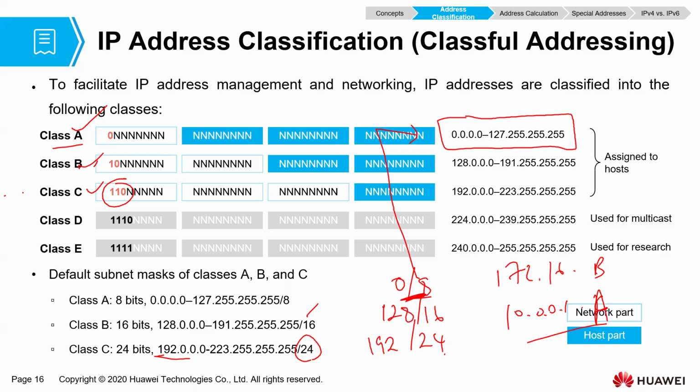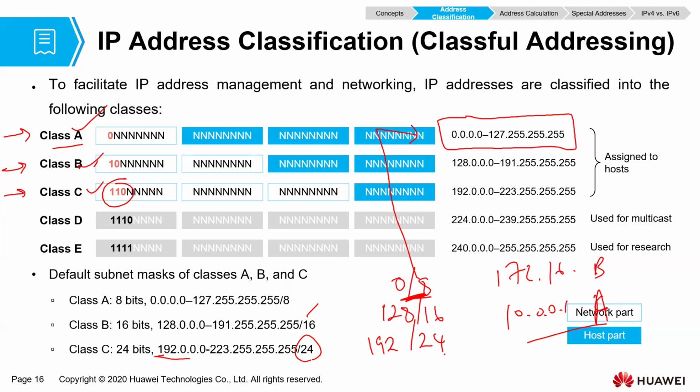So class C networks can only accommodate 256 devices. Class B is 2 to the power of 16, and for this one it is 2 to the power of 24.